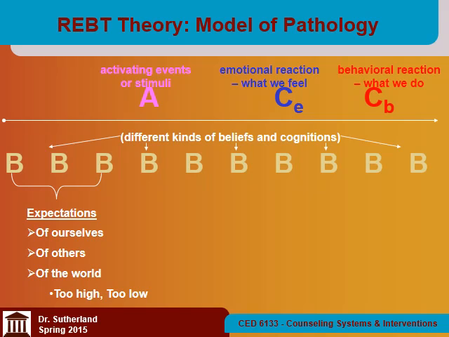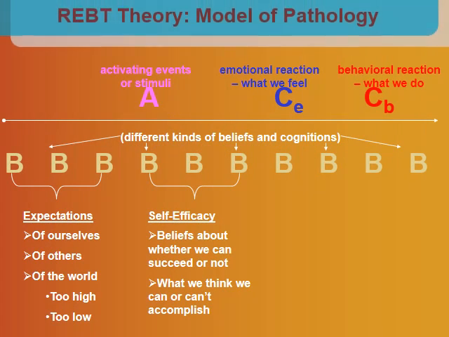So the types of beliefs that will influence consequences, there are three types. The first one that we need to make sure we understand are expectations, and these will be expectations of ourselves, others, the world, and generally they are too high or too low, and as a result of irrational thinking, because they're too high or too low, we'll get the emotional or behavioral consequences that come in terms of irrational emotions as well.